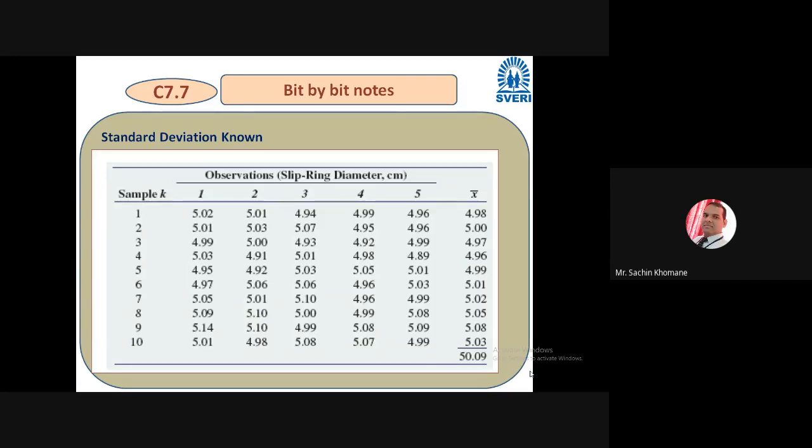Now if you have 5 samples with you, now you have to find the mean. So how to calculate the mean? Arithmetic mean, you can say. Just make the addition horizontally of all the readings. 5.02, 5.01, 4.94, 5.99, 4.96, 4.98 will be the X bar.